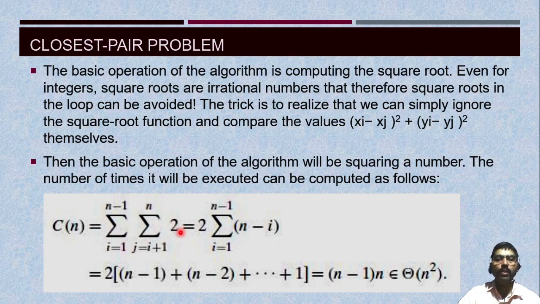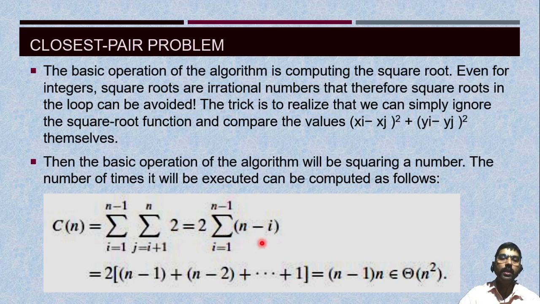I am using 2 here because I have 2 terms, x and y. When you compute this formula, you find that it's 2 times the summation for i equal to 0 to n minus 1 of (n minus i). When you solve this, you get this solution.